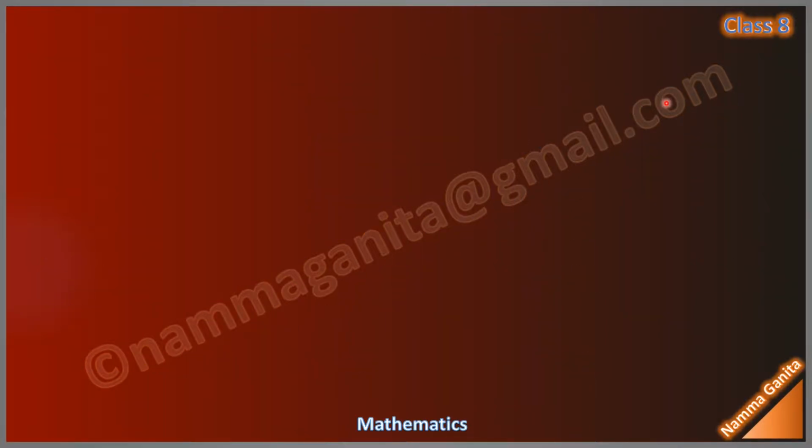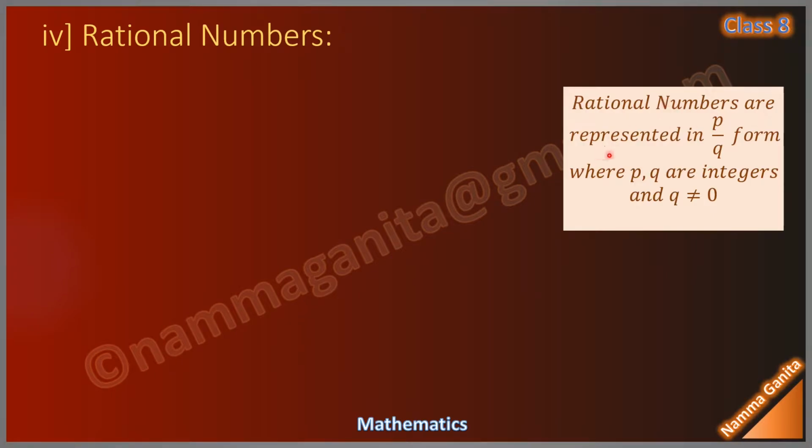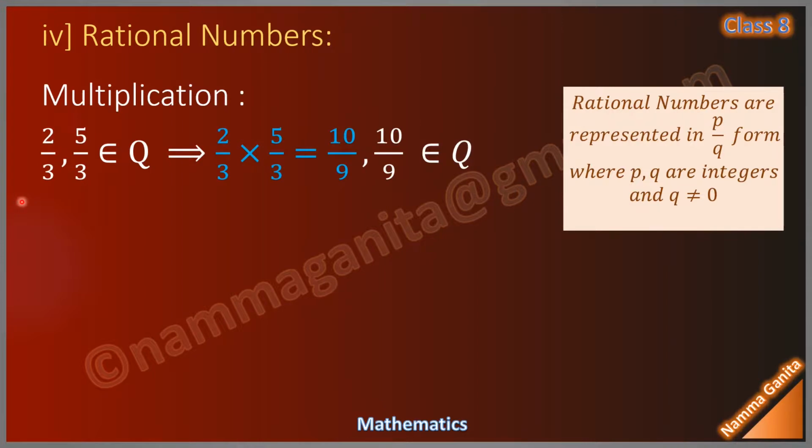Now, consider the set of rational numbers. Rational numbers are represented in p by q form, where p and q are integers and q not equal to 0. Consider the first example. 2 by 3, 5 by 3 belong to Q. Q means set of rational numbers.